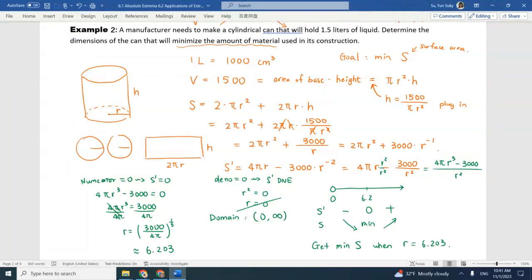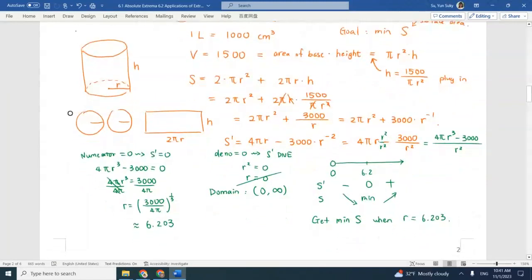And because you want to know all the dimensions, you also need to know the h. So h is right here: 1500 over pi r squared. So 6.203 squared. So what is this number? See, we need to know all the dimensions, so we need to know r and h.